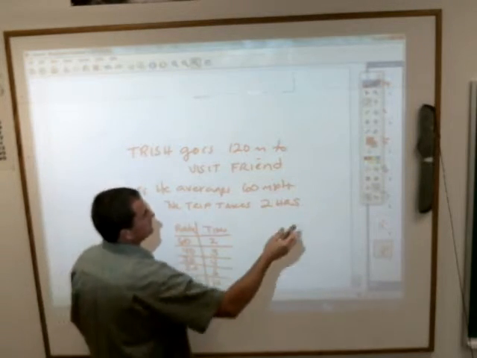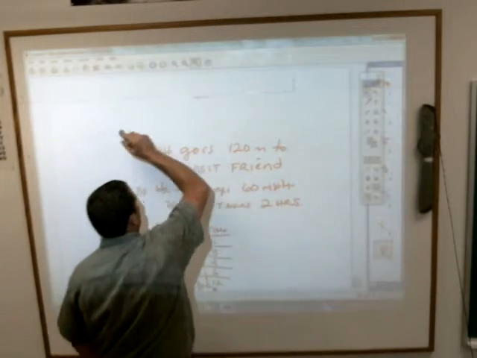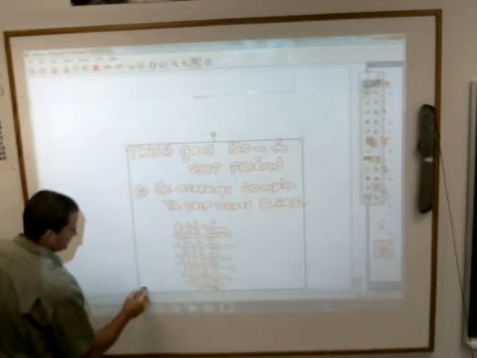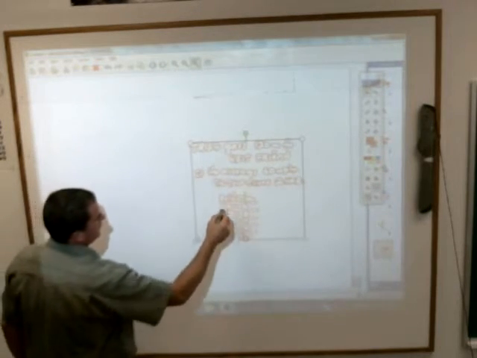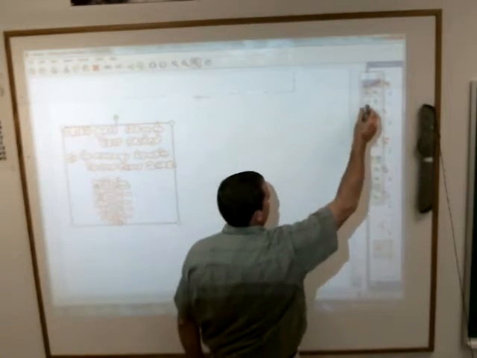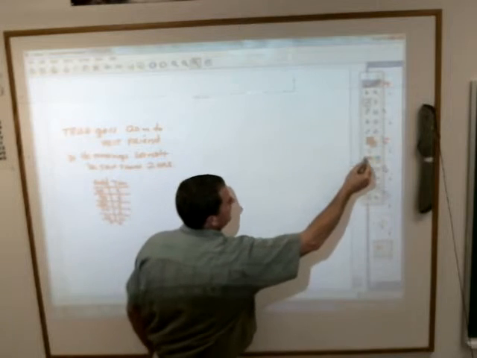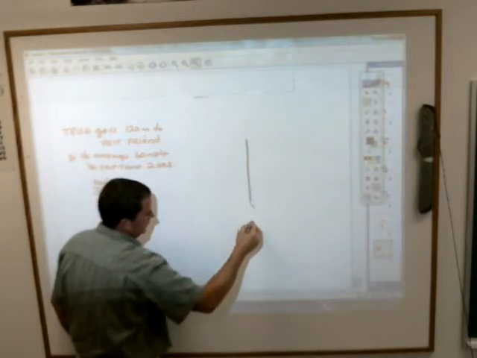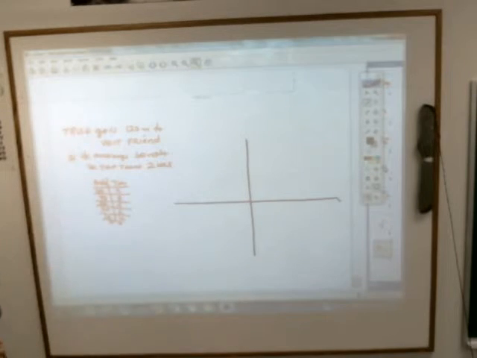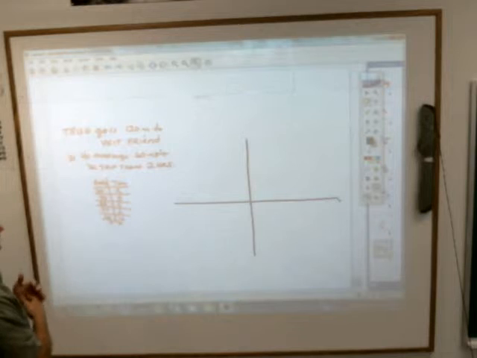Ready? Through only the magic of the board, I need a little more room. Let's sketch the graph of this. Which one do you think we should make x?